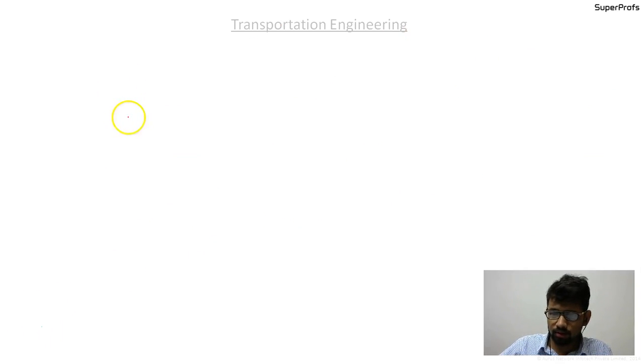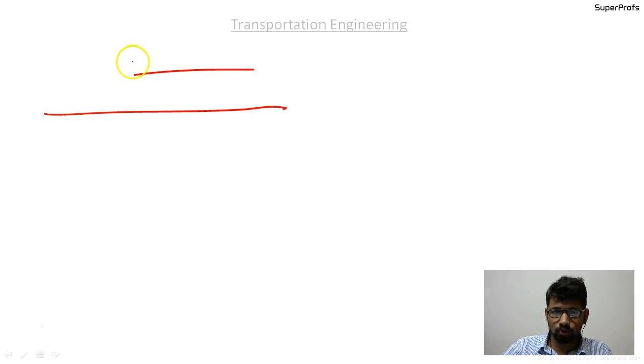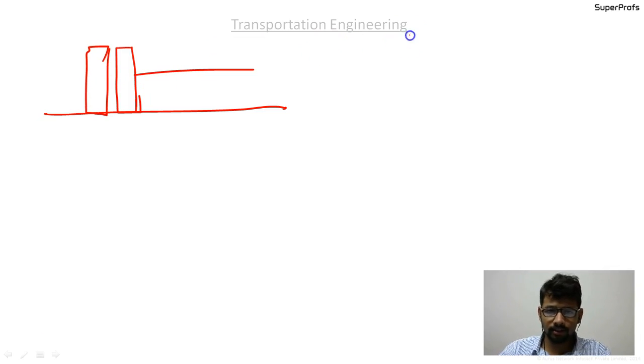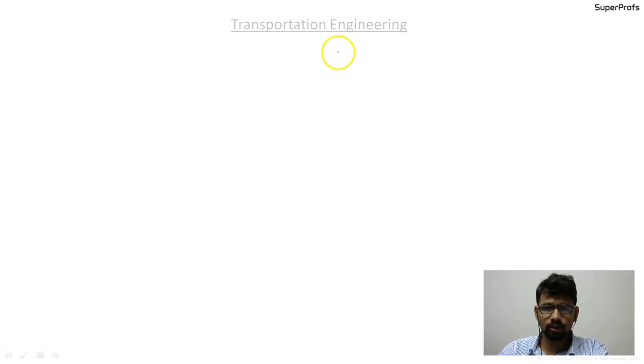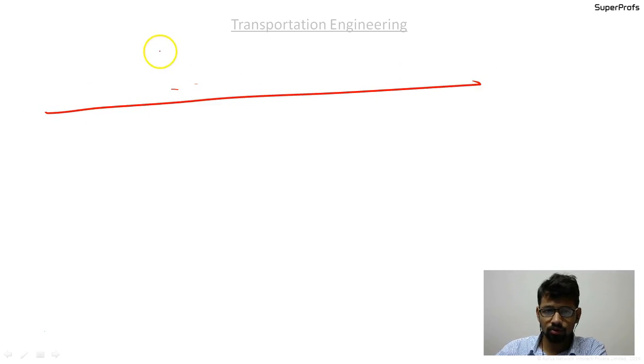So if there is an axle having two wheels on either of the sides, wheel number one and here the other one, okay, I'd like to draw it as an enlarged view. So this is one wheel and this one is the other wheel, okay.